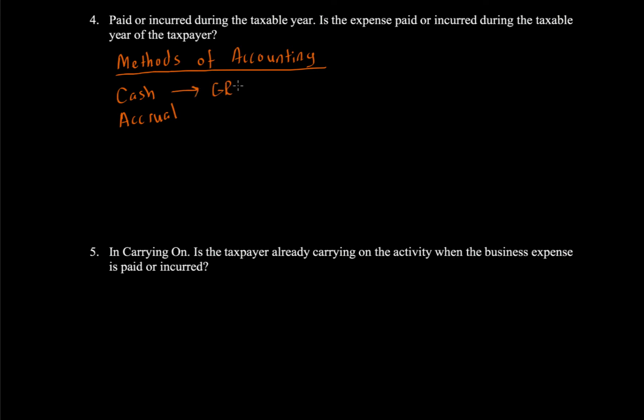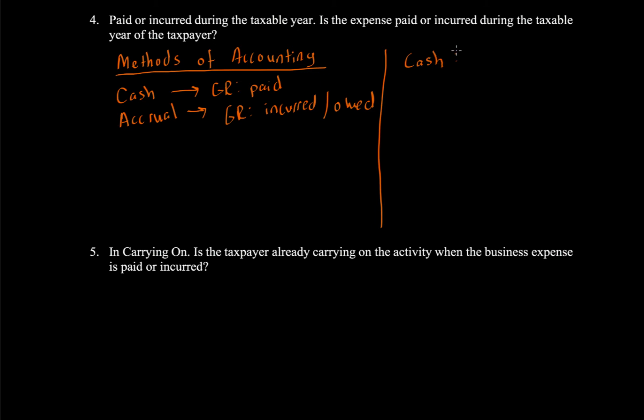So the general rule is when it's paid. For the accrual method taxpayer, the general rule is when it's incurred or owed, not necessarily when it's actually been paid. So I want to talk about some specific items with respect to the cash and the accrual method. Some specific issues.